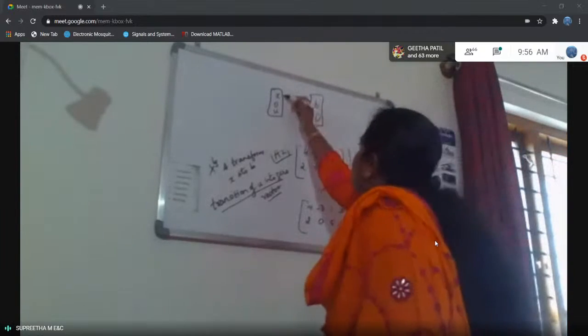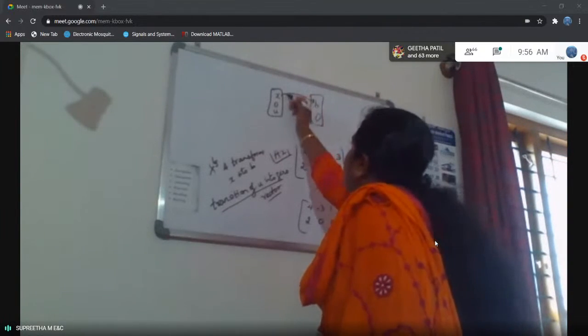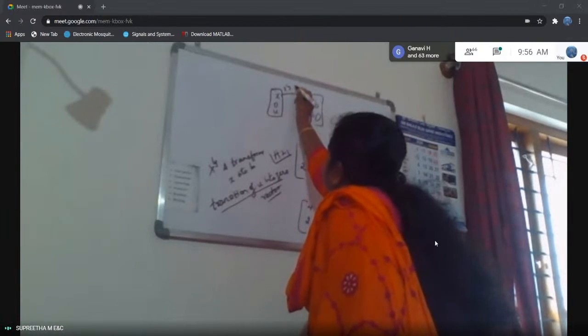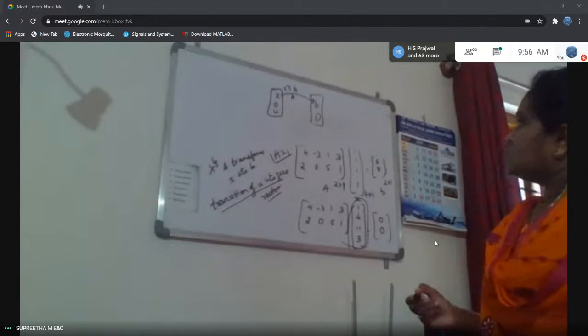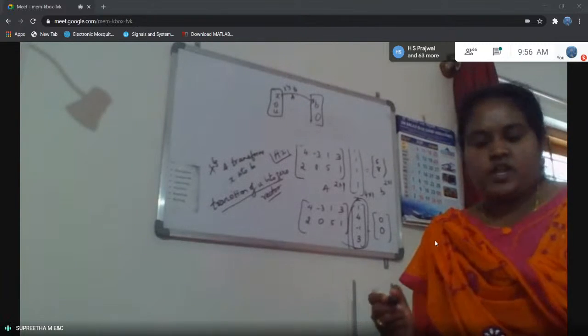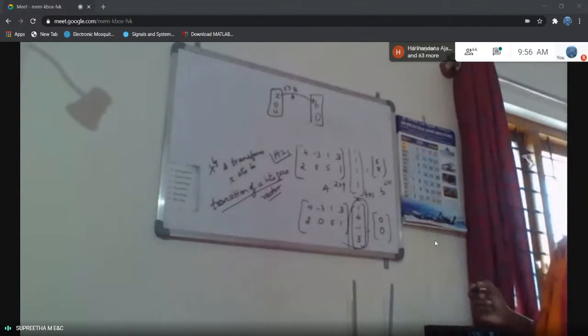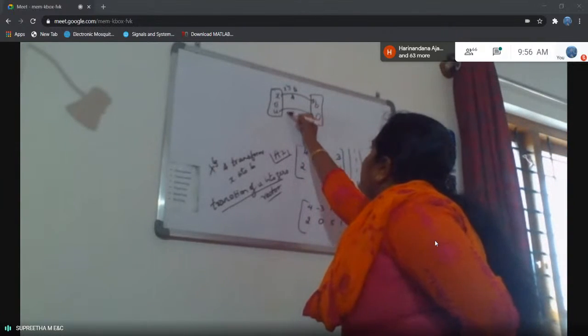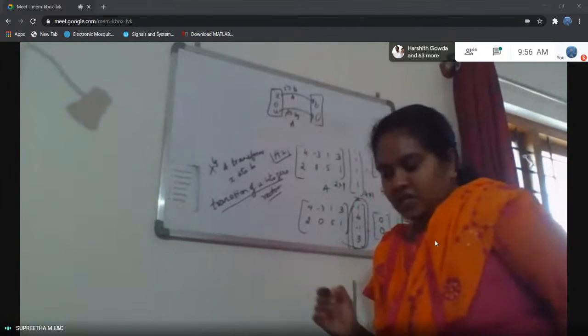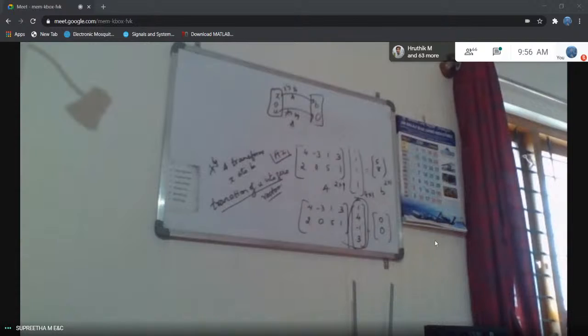So I can say x multiplied by A gives the vector B. Since I don't have space, I'm writing it symbolically. Whereas when U is multiplied by A, I get a 0 vector.